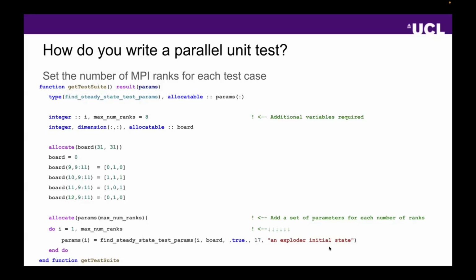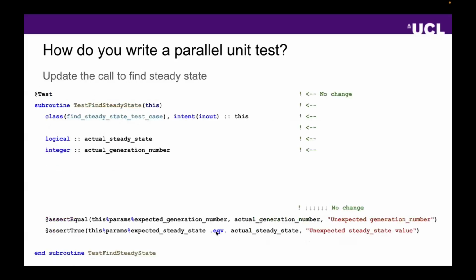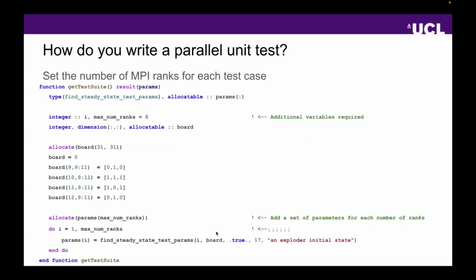Notice that the constructor is slightly different now. I'm still passing in the board, the steady state, the generation number, and the description, but there is an additional input at the start, which is unhelpfully named, but is actually the number of ranks for this test. This is something that is provided by the type that we extended, the MPI test parameter. We can pass in this number of ranks within this constructor.